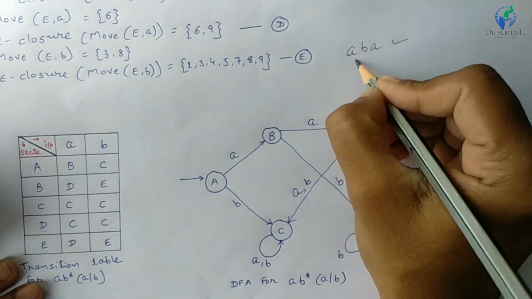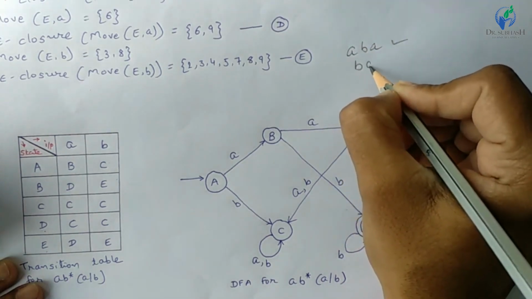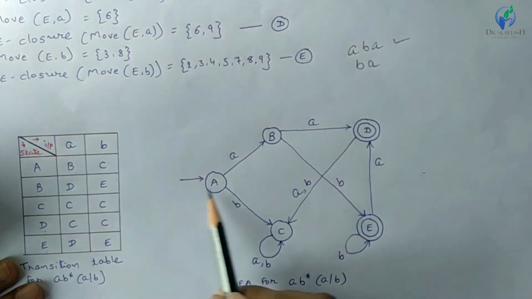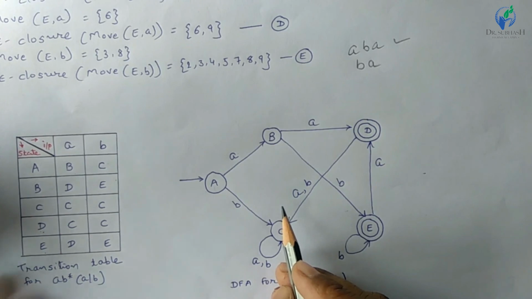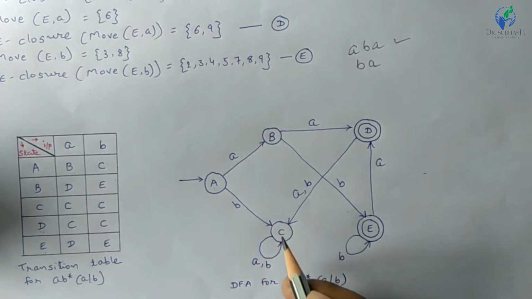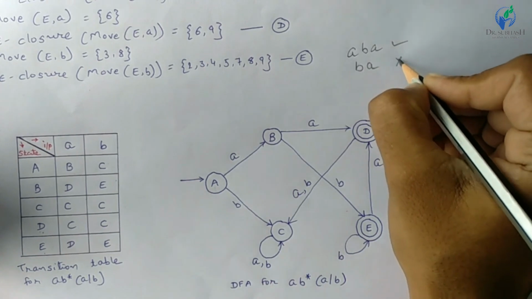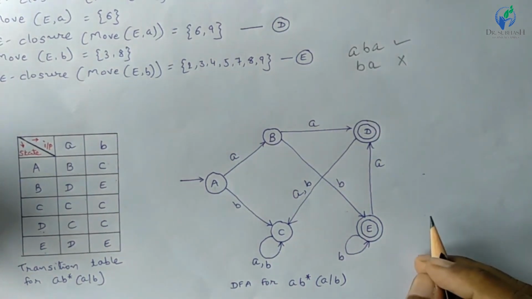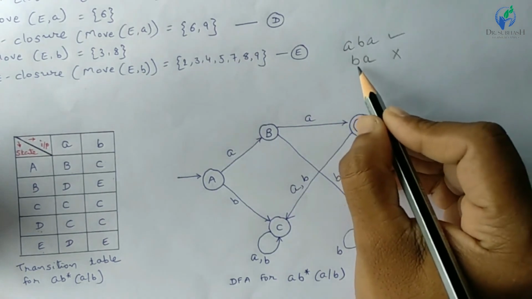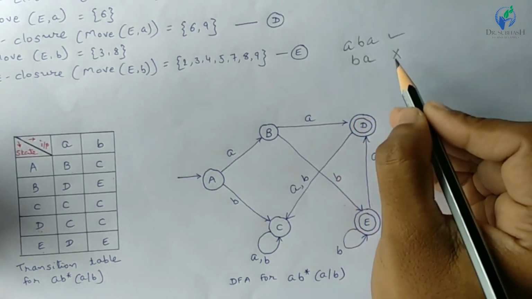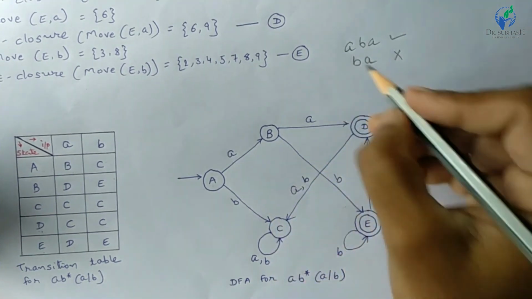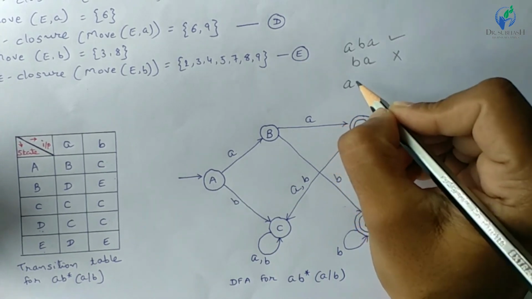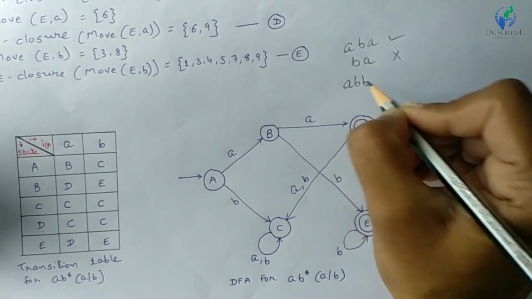Now check for any other string which starts with B. Any string which starts with B is not a valid string. B, A does not reach any end state in the FA. So it is not a valid string. It means BA is not recognized by this DFA because it starts with B and our expression is (A, B)* (A or B). It means any expression must start with A. So BA is not a valid string.